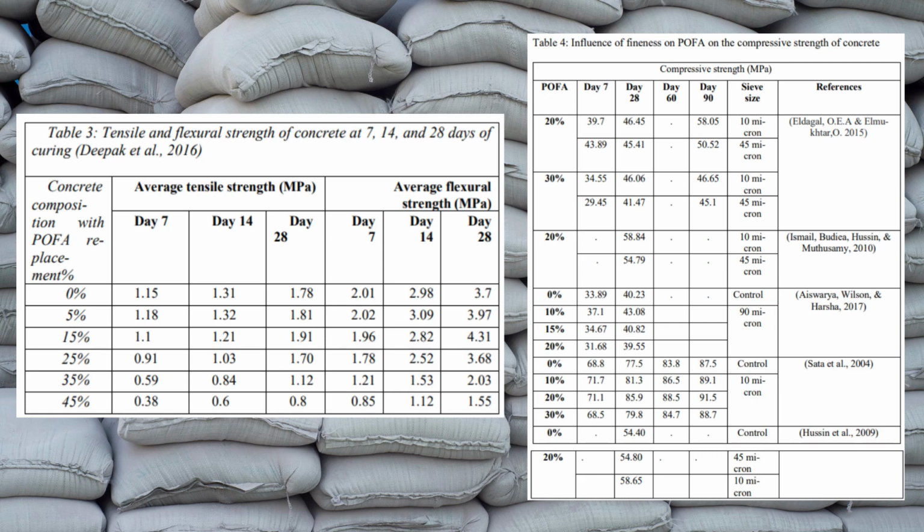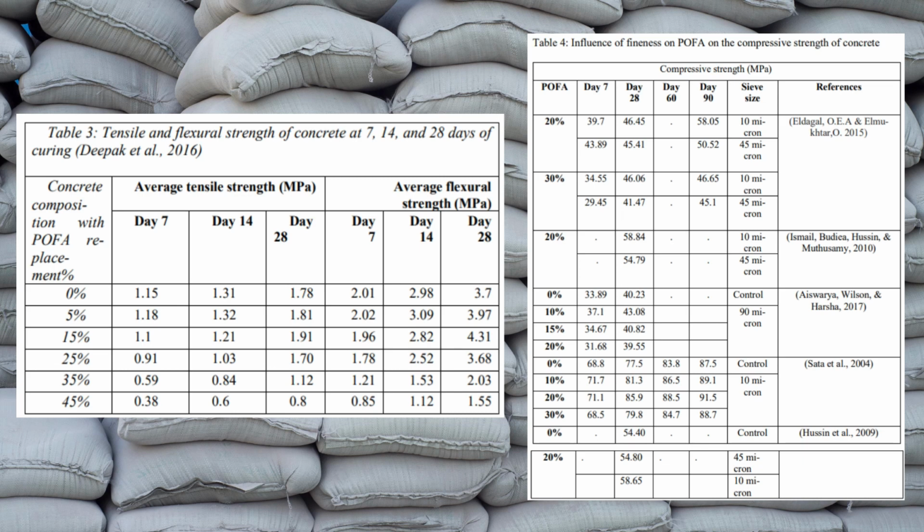So it shows the average tensile strength, which is day 7 for 0% of POFA used is 1.15, and then for day 14 1.31, and then day 28 1.78.